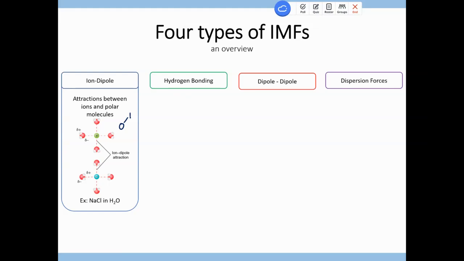We briefly talked about this last term: remember water is polar, oxygen has a partial negative charge, it's more electronegative than hydrogen. Hydrogen has a partial positive charge. So the partial negative part of water is attracted to this cation that's in solution. The attraction between the molecule and the cation is an ion dipole force.